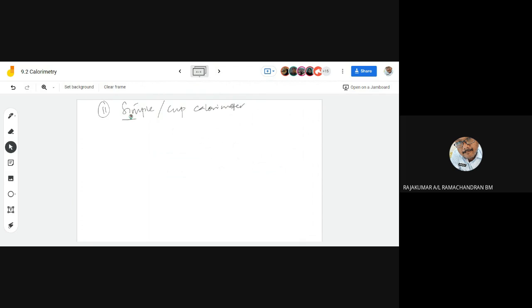Cup calorimeter, simple calorimeter, satu lagi coffee cup calorimeter, semua boleh. Ini biasanya enthalpy of neutralization. Kita eksperimen pun kita kira enthalpy of neutralization. So this one is simple one. Kalau saya nak tunjuk gambar aja dia, kita tengok slide nota juga.